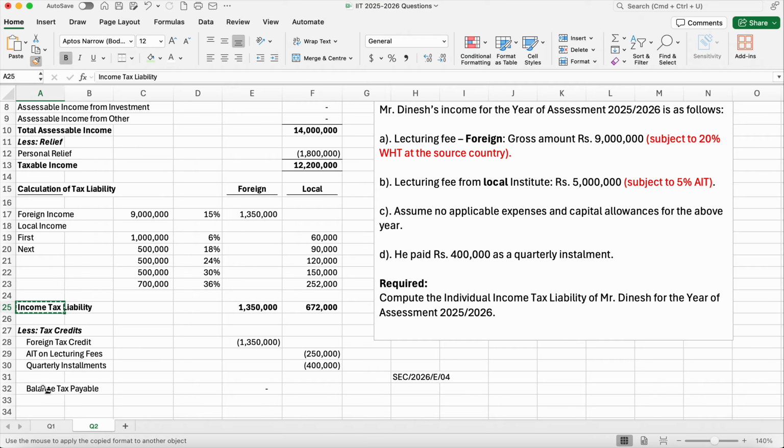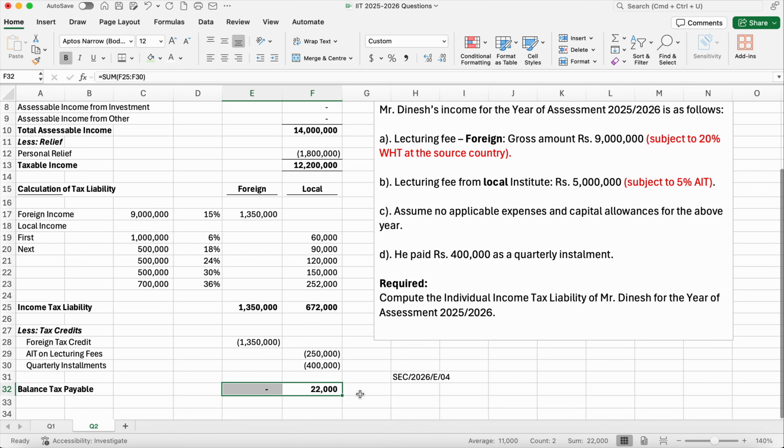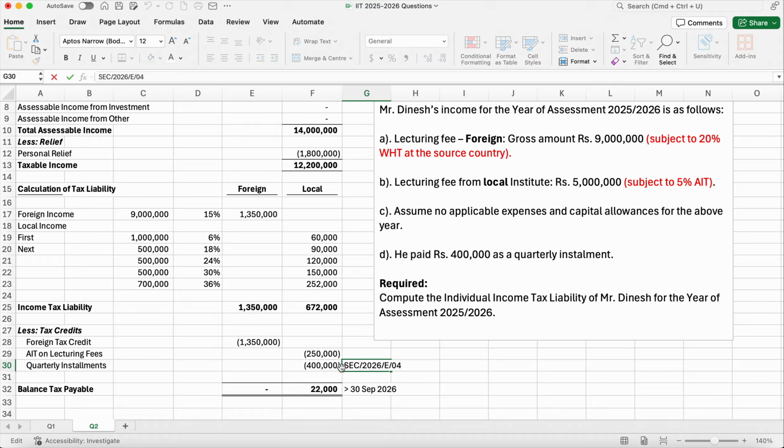And the local, he needs to pay 22,000, right? This is to be paid on or before 30th September. In this year of assessment, it is 26, right? And then there is a circular, which is up here. And if you want to learn more about the withholding tax, so advance income tax, then you can refer to this circular as well, the updated one, right?